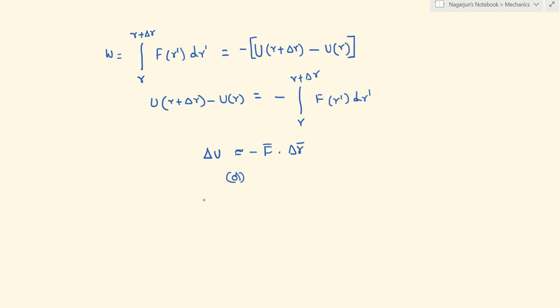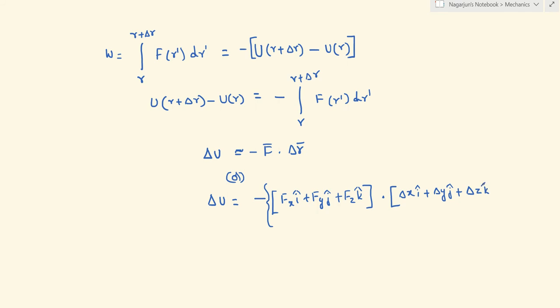Or I can also express delta U is equal to minus, as force is a vector quantity, Fx i cap plus Fy j cap plus Fz k cap dot delta x i cap plus delta y j cap plus delta z k cap.